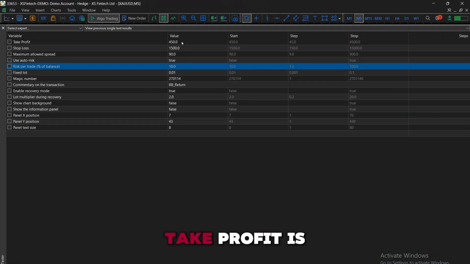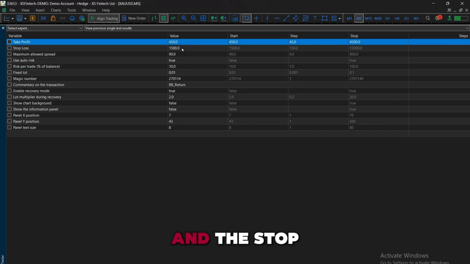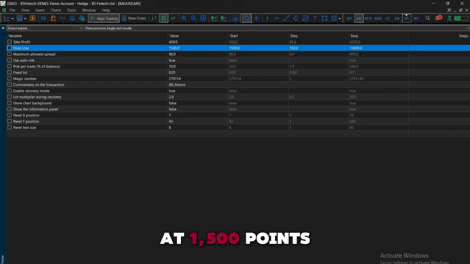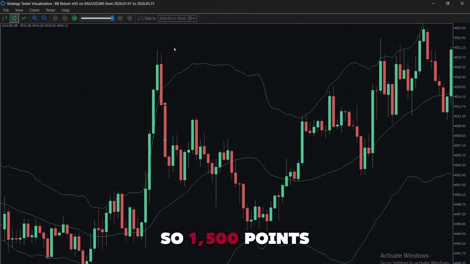I think the take profit is set at 450 points and the stop loss is set at 1,500 points. So 1,500 points above and 450 points below. This is where you have the TP, and in this case, we actually hit a take profit on this trade.